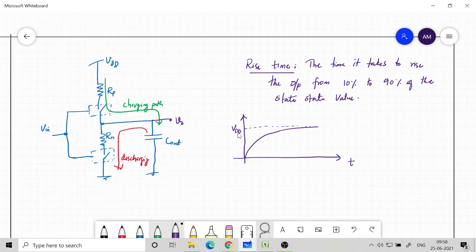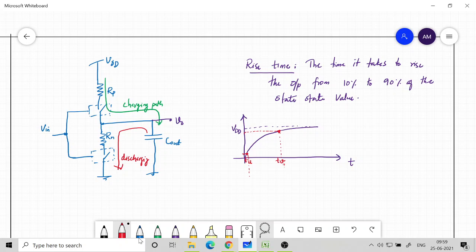So we are talking about 2 critical points: one is the 10% point and the other is the 90% point. 10% point is here, 90% point is here. Let's call these times TU and TV. So this is one way to define the rise time.